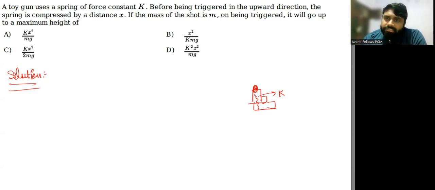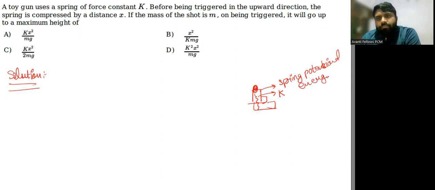So when it is compressed, which means we are doing some work by the trigger, this work has been stored in terms of spring potential energy. Okay.